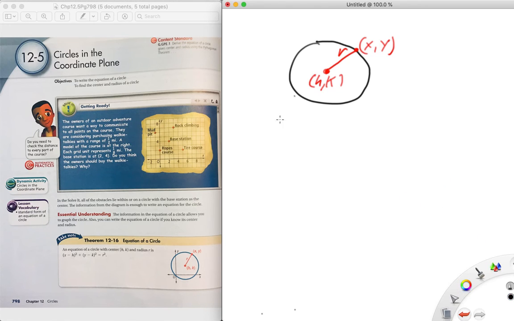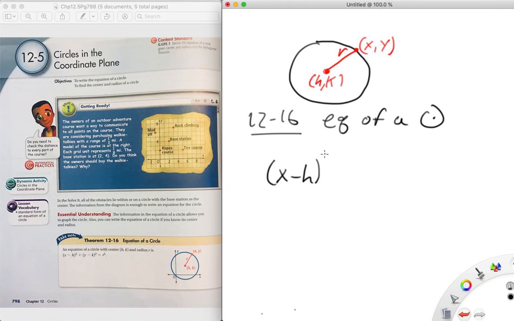Theorem 12.6 is an equation of a circle. So the equation of a circle, and it says essentially it's the distance formula: x minus h squared plus y minus k squared equals the radius squared.